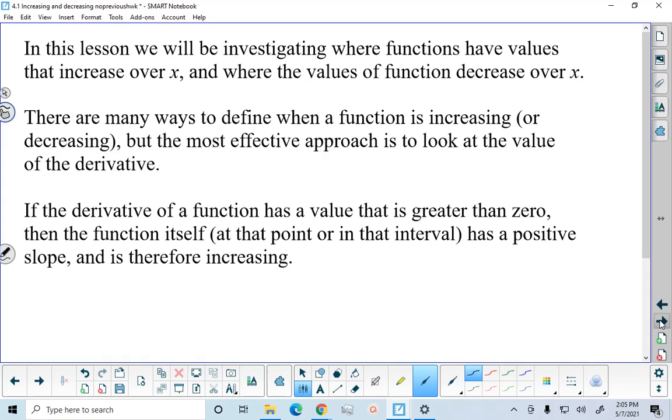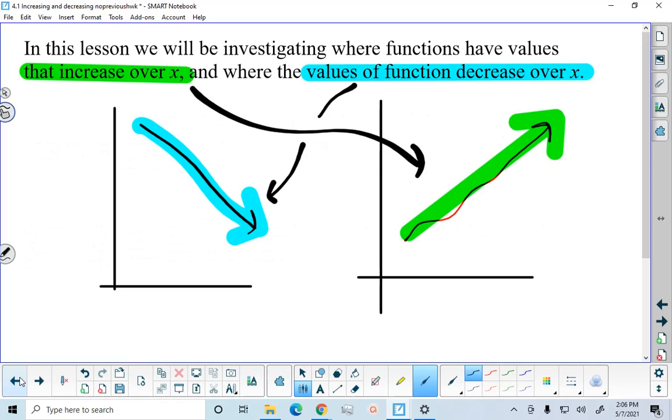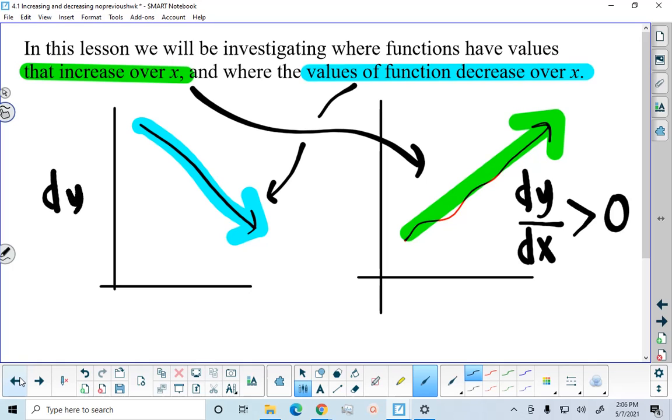In other words, if we take a look at this graph on the right, everywhere in this interval that I'm drawing, the derivative is positive because the slope is positive. Everywhere in this interval on the left, the derivative would end up being negative because the slope is negative.